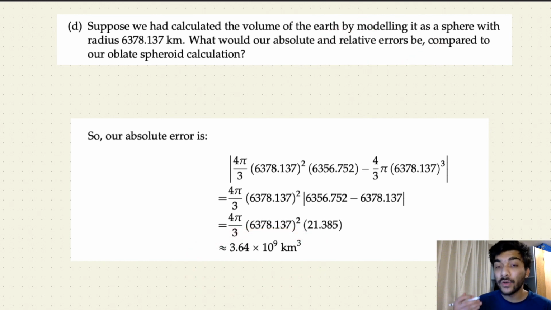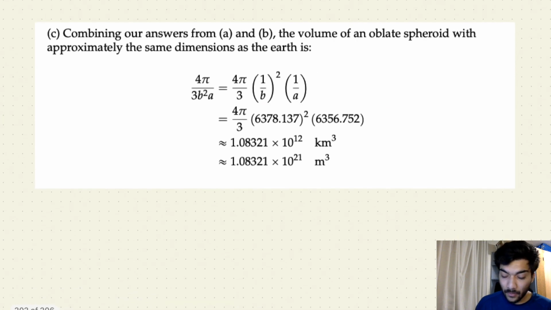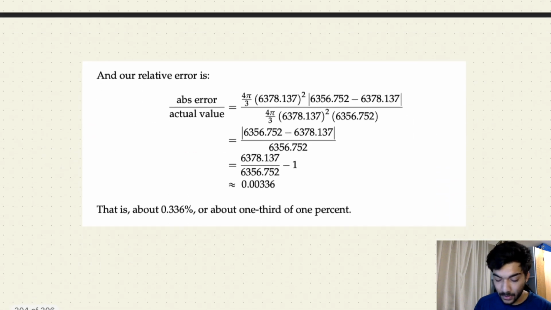And we already know in order to calculate the relative error, we basically divide our absolute error by the actual value in this case. Since the actual value is the actual volume, we will divide this absolute error by the actual volume, which is calculated by this formula, right? Which is already calculated in the third part of this question. So relative error would be absolute error divided by actual value.